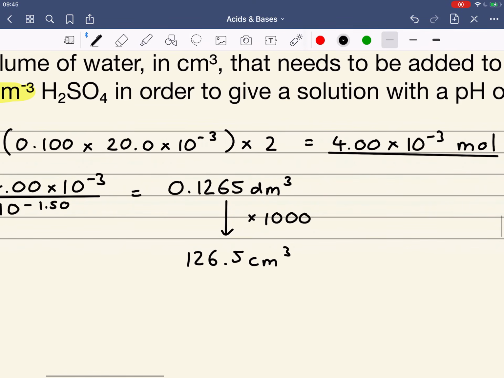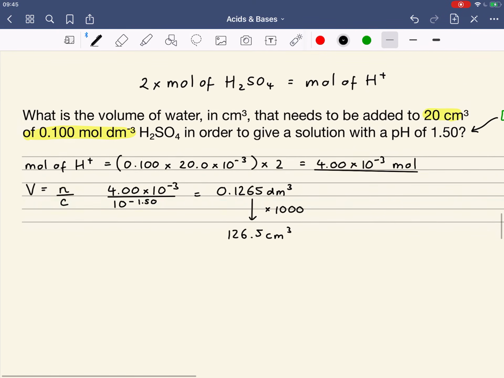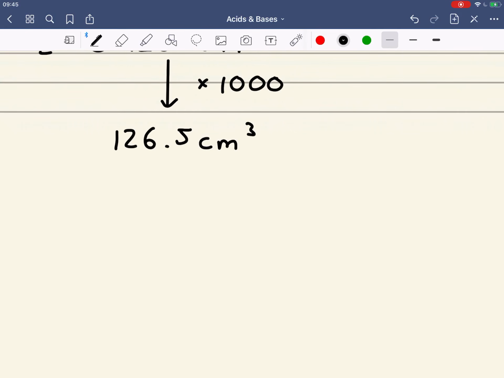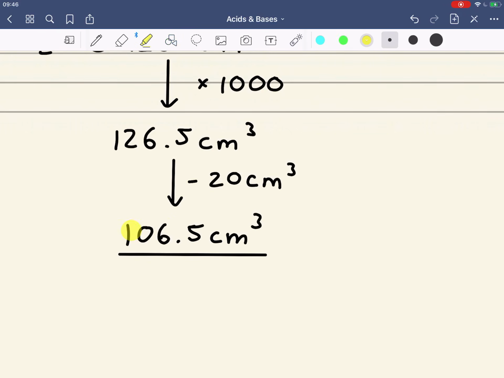Now this here is the total volume, and it says what volume needs to be added to 20 centimetres cubed, so I need to take off the 20 centimetres cubed of sulfuric acid. Minus 20 from this, and that gives me 106.5 centimetres cubed. And that is the volume of water that is needed.